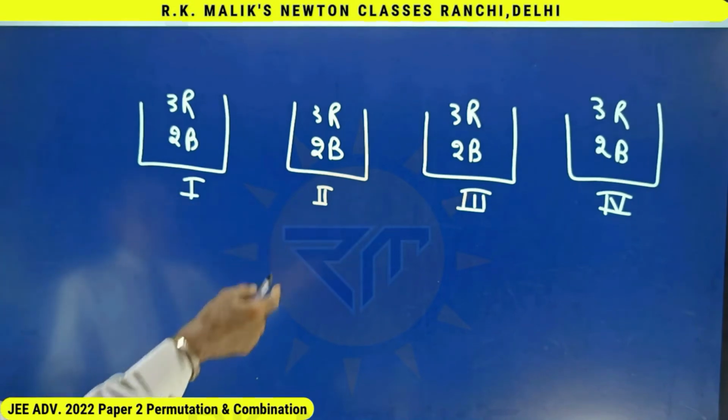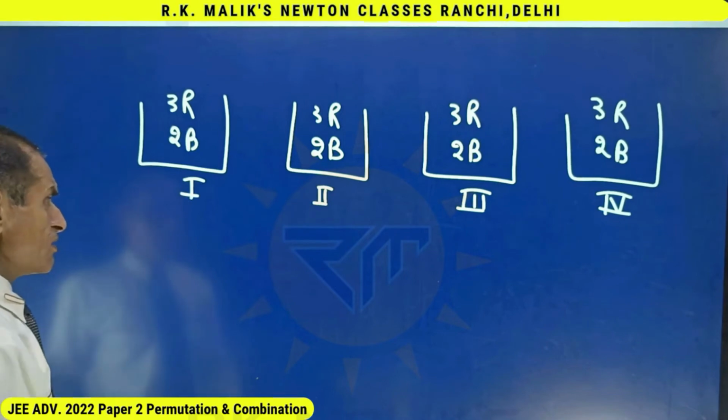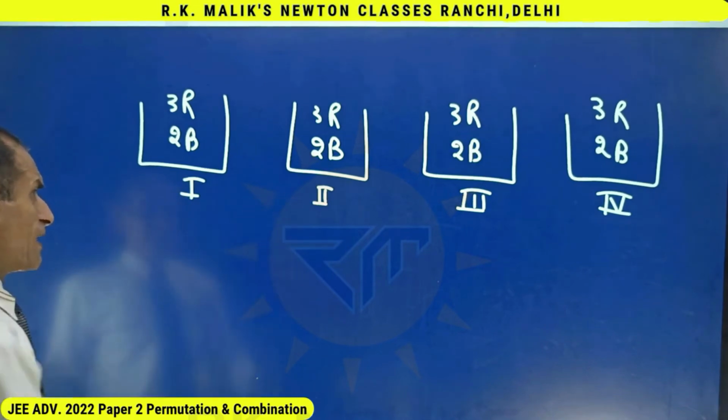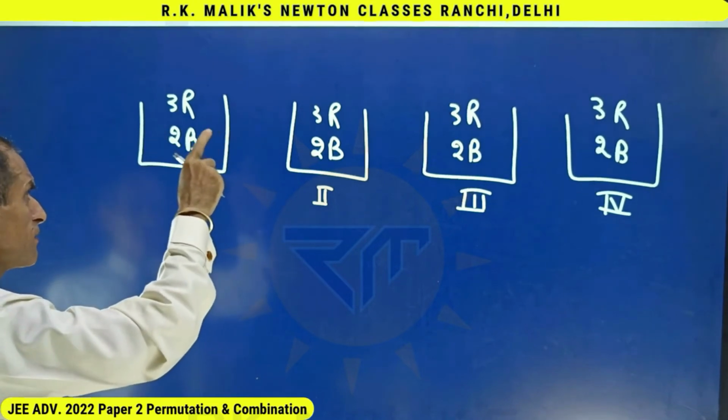And next possibility, when 2 boxes give 2 red balls and remaining 2 boxes give 1 red ball, and for blue ball, as given in the question, all boxes are giving 1 blue ball. Let us deal with the case when first and second box are giving 2 red each.